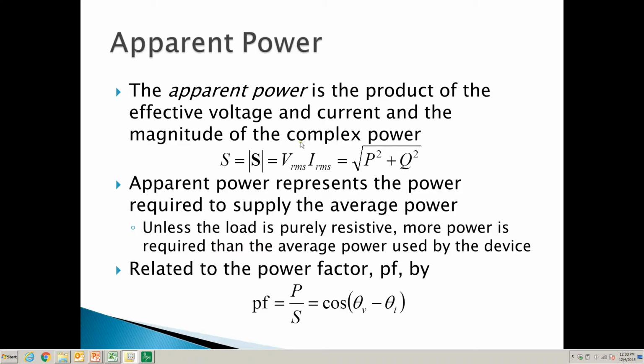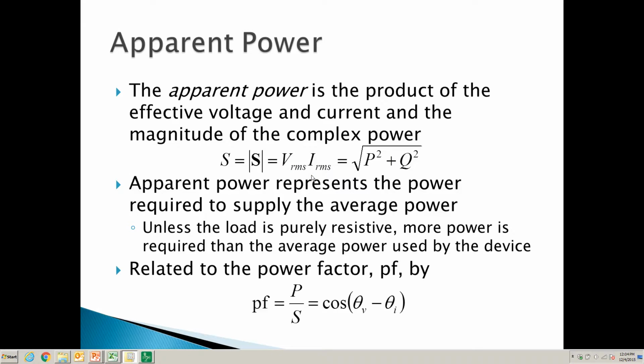All of this leads us to yet another definition of power, which is called the apparent power. The apparent power is the product of the effective voltage and the effective current, the magnitude of complex power. So basically what we're going to do is take the real power term and the reactive power term, square them, and take the square root, and that gives us a scalar value.